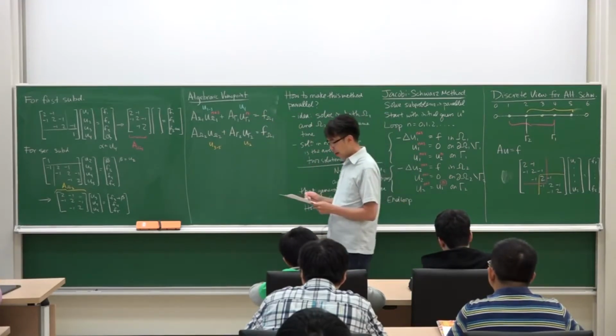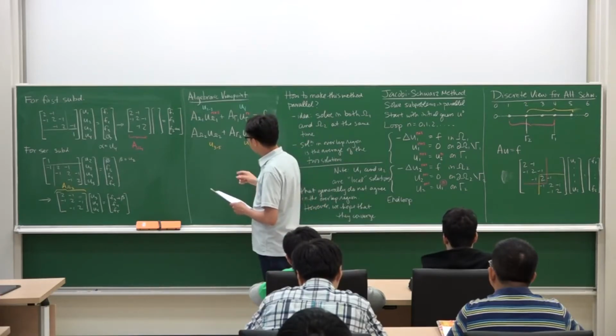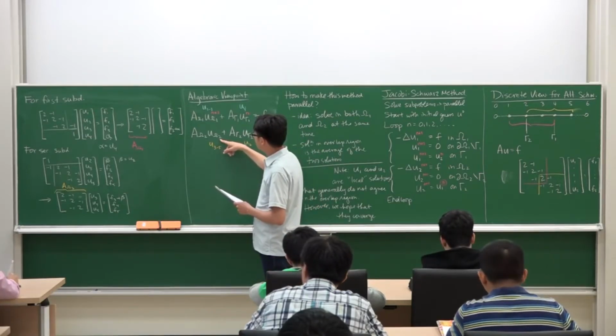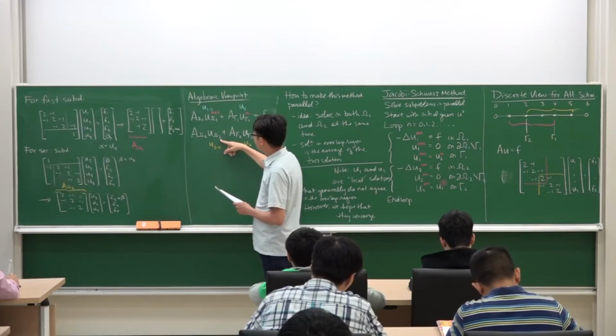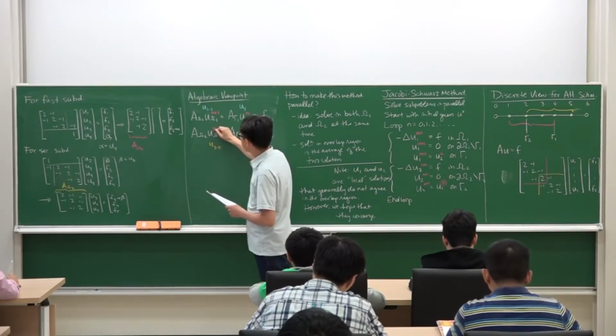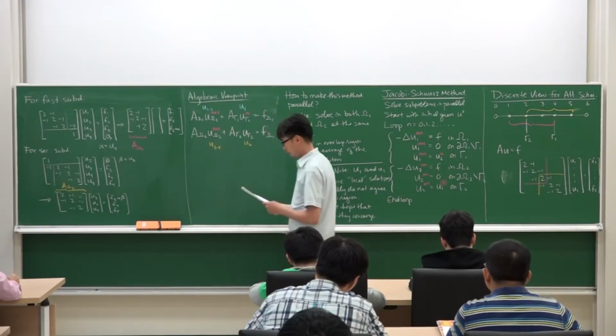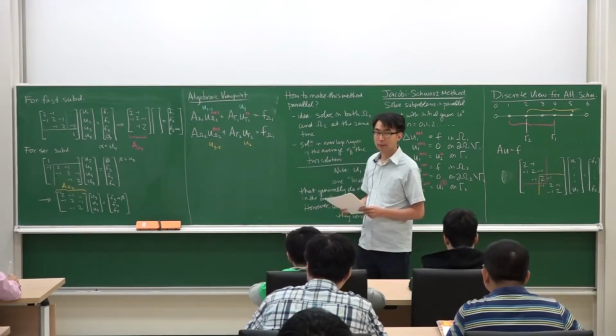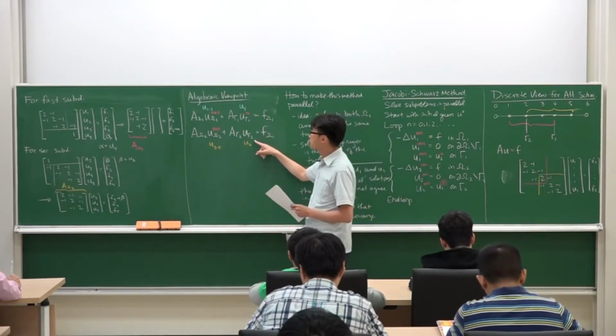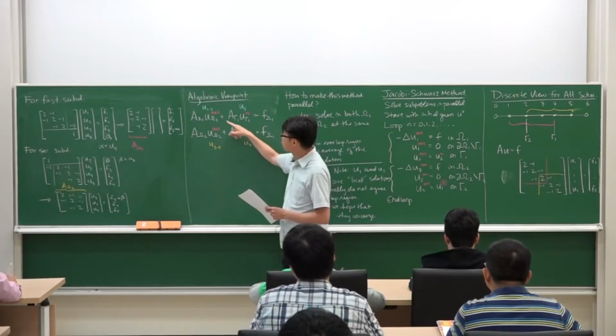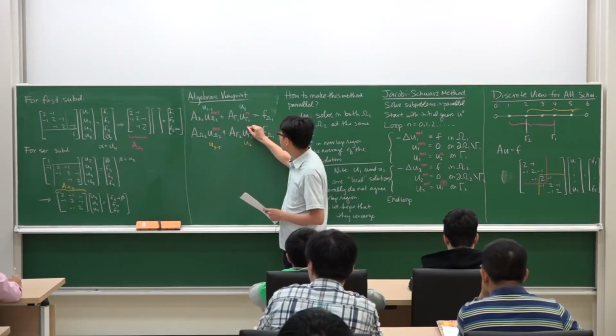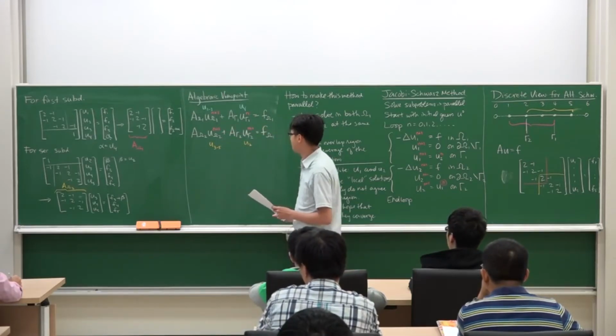Okay, and for u at omega 2, this is n plus 1, using boundary values that were computed previously. So this is also n plus 1.